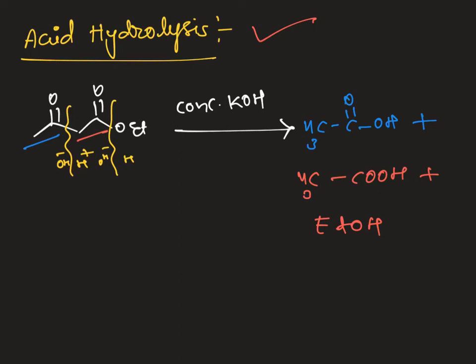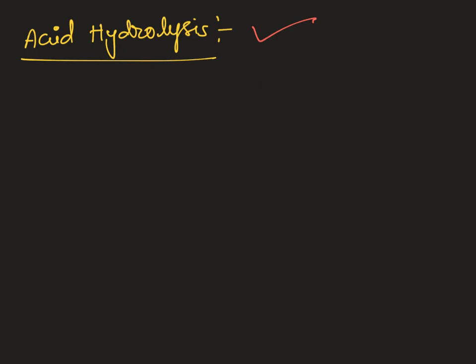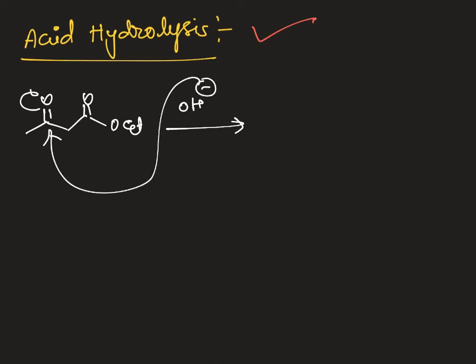If you look at the mechanism of this reaction, ethyl acetoacetate, when we react with concentrated KOH, the OH minus acts as a nucleophile.